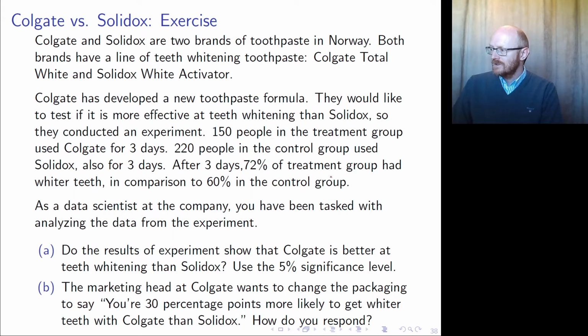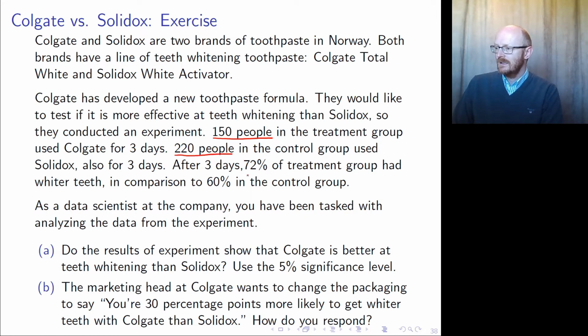After 3 days, 72% of the treatment group had whiter teeth in comparison with 60% in the control group, which is Solidux. As a data scientist at the company, you have been tasked with analyzing the data from the experiment. So, the question is, do the results of the experiment show that Colgate is better at teeth whitening than Solidux? Use the 5% significance level. What we know is the Colgate sample contains 150 people, and the Solidux sample contains 220 people.